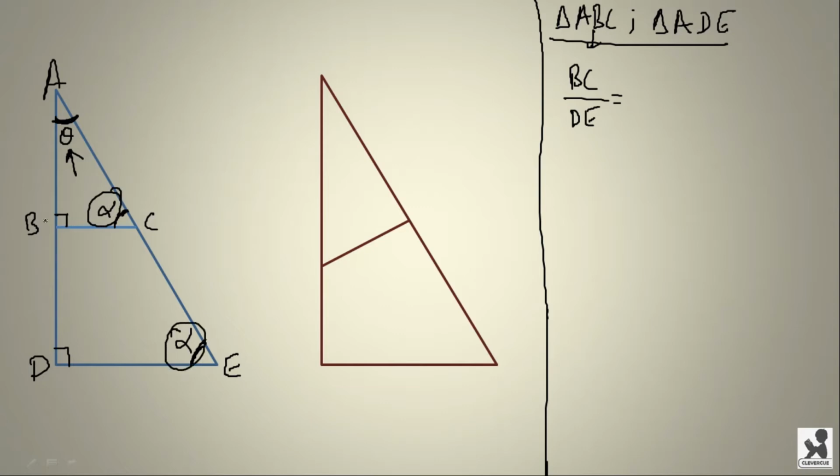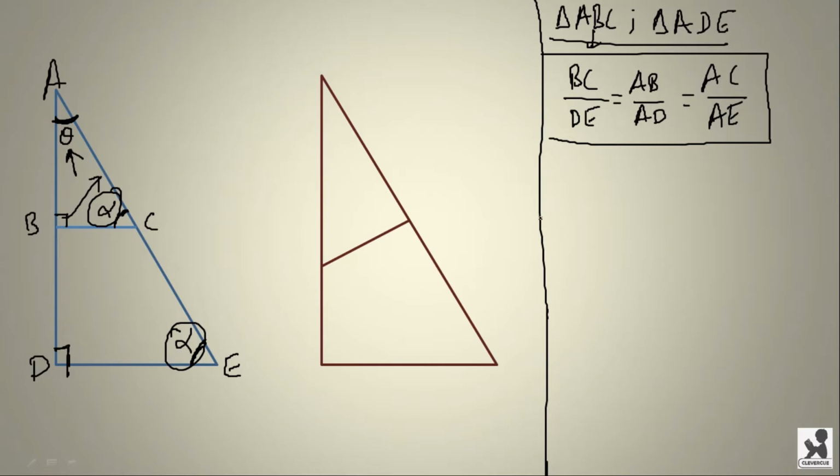In the small triangle it is AB, and in the bigger triangle it will be AD, is equal to the corresponding side of 90 degrees, that is AC, by the corresponding side of angle D, that is AE. I hope you guys have understood this.